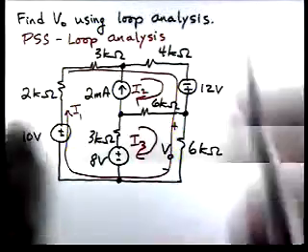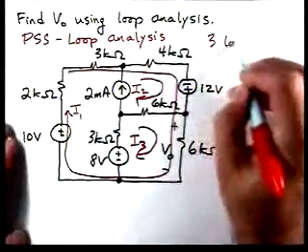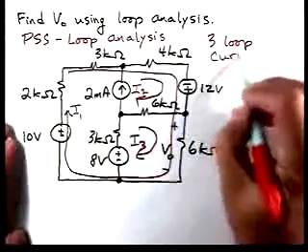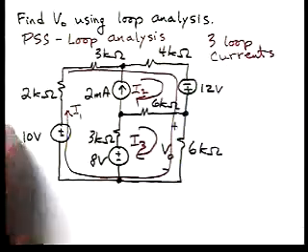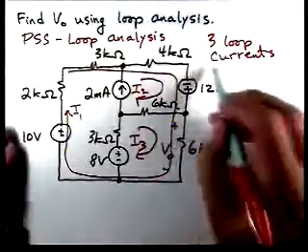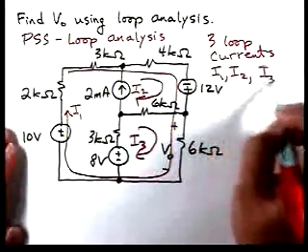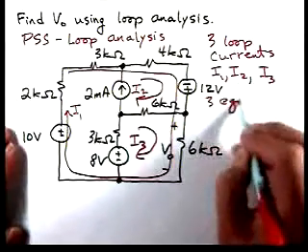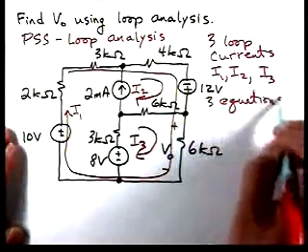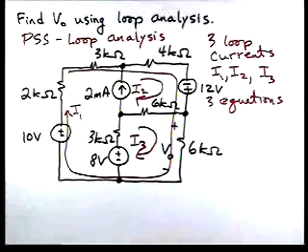So we have 3 loop currents, I1, I2, and I3. So we're going to need 3 equations. Okay, now one of our equations is very simple.